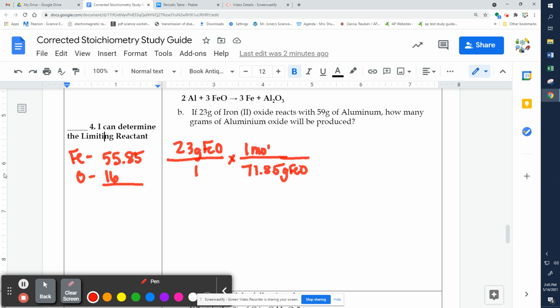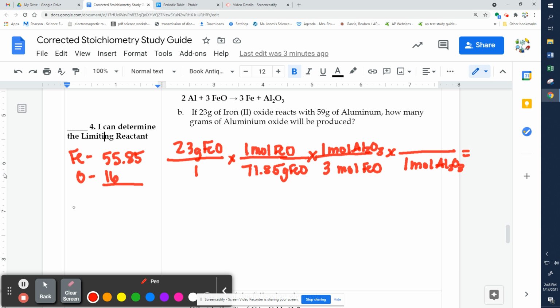On top, we have 1 mole of FeO. Next, we have our mole ratio. In front of our FeO, we have a 3 as our coefficient, so that goes here. What are we going to? How many grams of aluminum oxide will be produced? In front of our aluminum oxide, we have no numbers, so it is a 1. For our last step, on bottom, we have 1 mole of aluminum oxide.